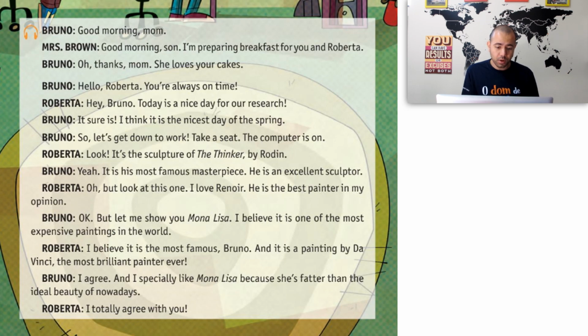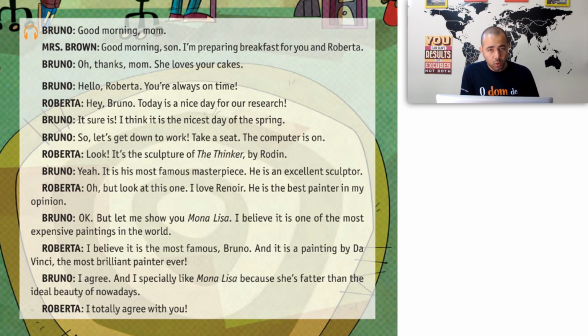Look, it's the sculpture of The Thinker by Rodin. Yeah, it is his most famous masterpiece. He's an excellent sculptor. Oh, but look at this one. I love Renoir. He is the best painter in my opinion. Okay, but let me show you Mona Lisa. I believe it is one of the most expensive paintings in the world.